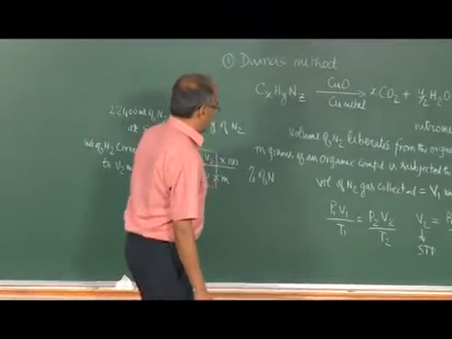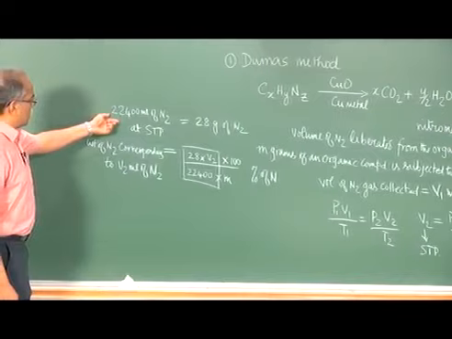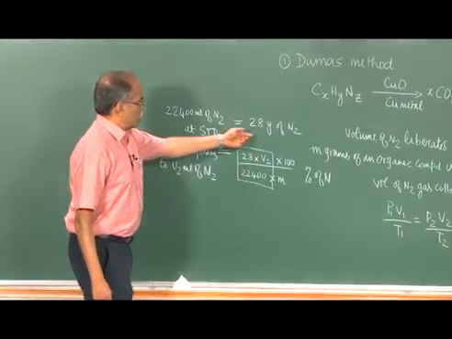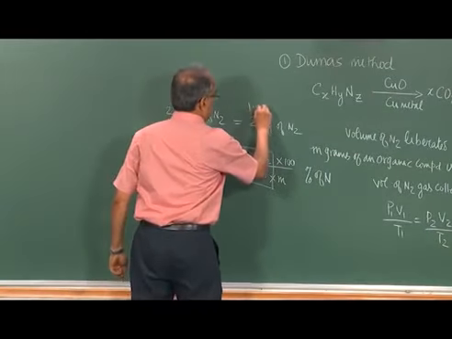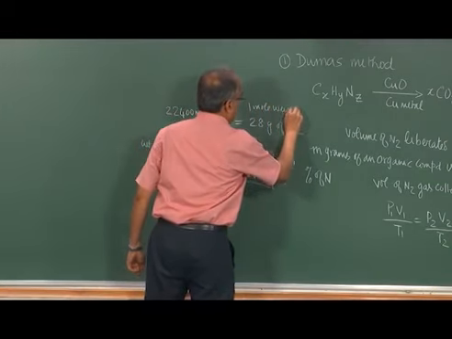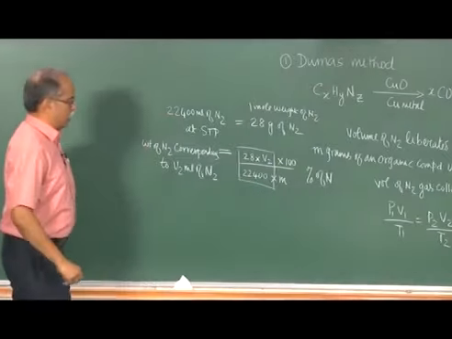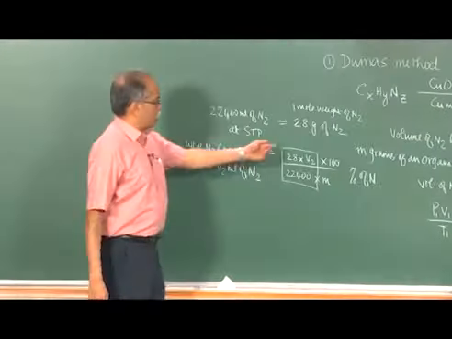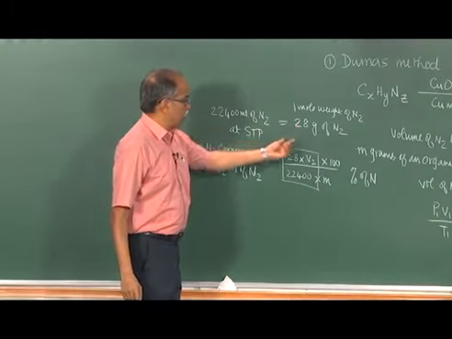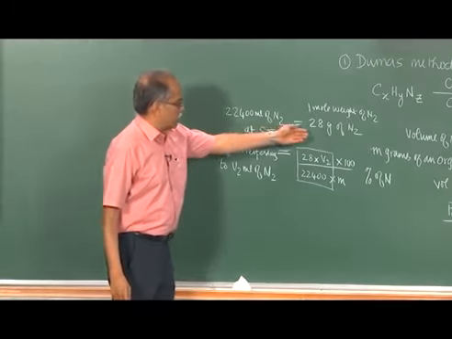And from the Avogadro volume, 22,400 milliliters of nitrogen corresponds to 1 mole weight of nitrogen. Nitrogen has an atomic weight of 14, so N2 would correspond to 14 plus 14, which is 28 grams. So, this volume of nitrogen we know is 28 grams.